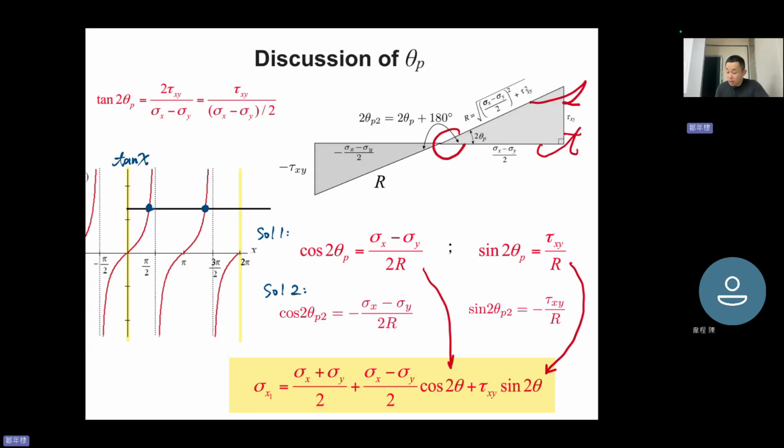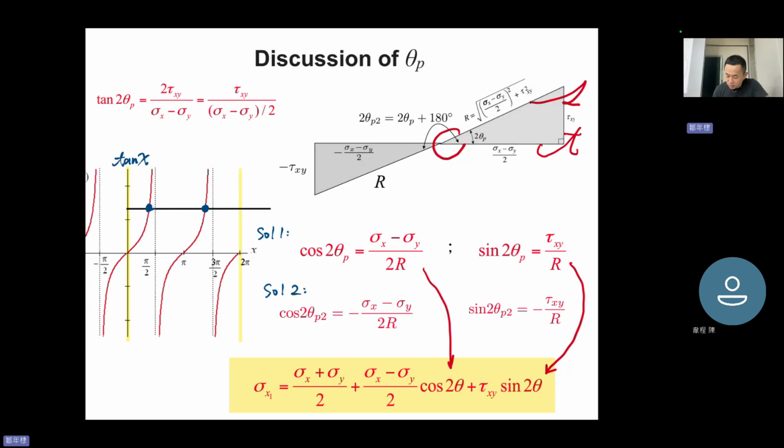Then last time, before I finished the course, I said yes, we will have the second solution. The first solution you get is this here, and then you get another solution after a pi increment.